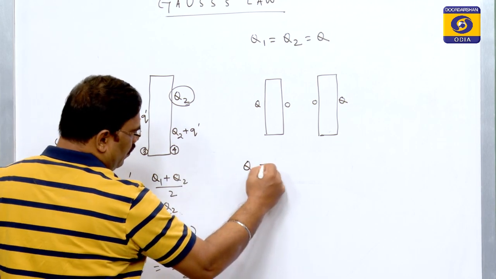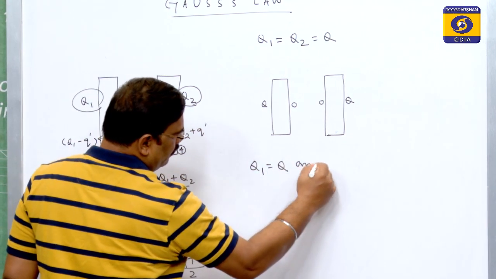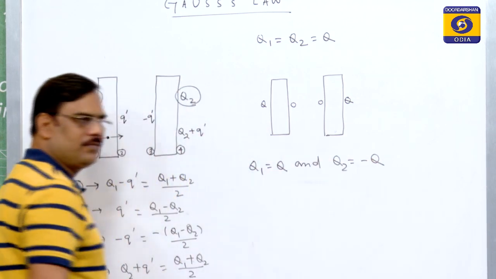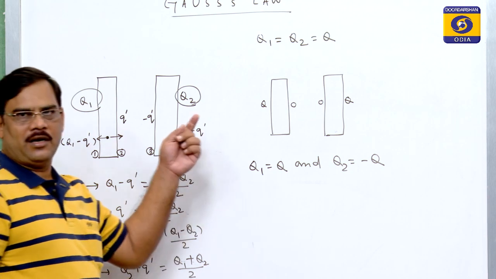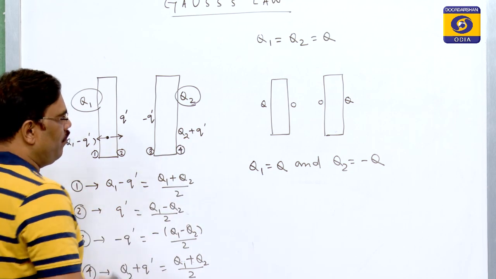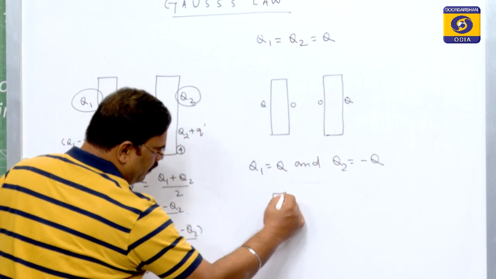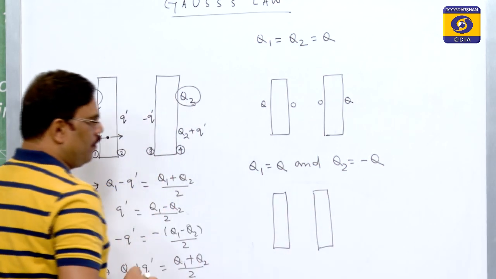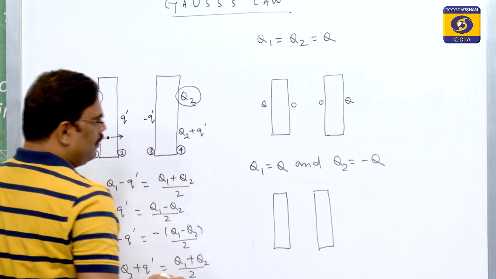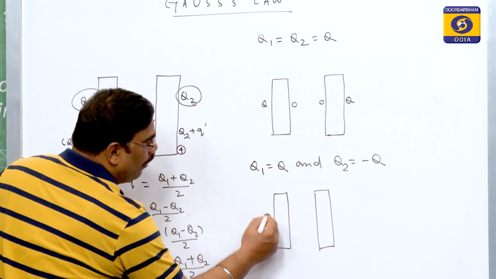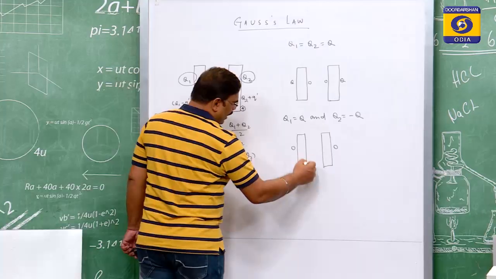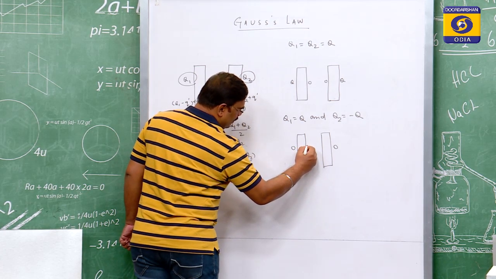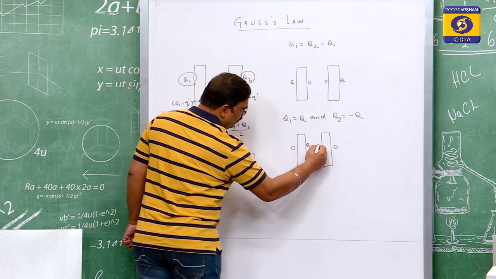If q1 equal to q and q2 equal to minus q, as is the case for a parallel plate capacitor, as we will see later on, the charges appearing on the outer faces are 0 and on the inner faces it is q and minus q.